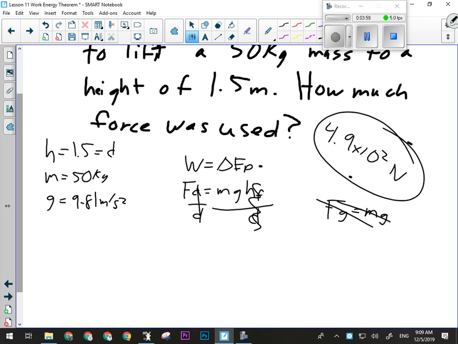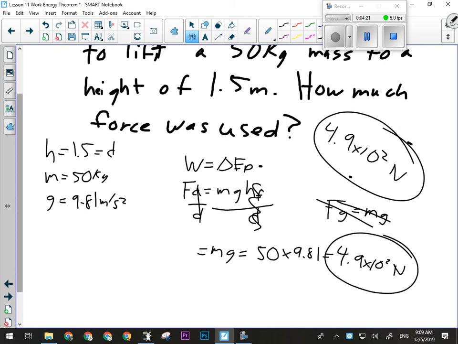If I want to lift it, I just have to exert the same amount of force that gravity pulls down with, and I'll be able to lift it at a constant velocity. So all I had to do is go m times g, which is 50 times 9.81, and that's going to equal 490.5. But again, we only have two significant figures: 4.9 times 10 to the 2 newtons.